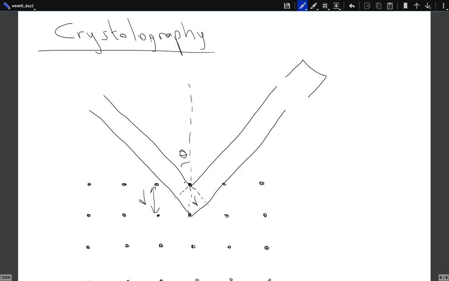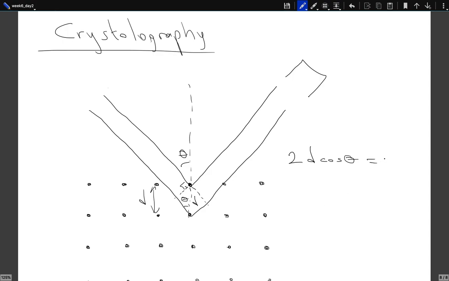So this length is d. This is 90 degrees. So this angle over here is also theta. This length is just d times cosine theta. And the path difference is twice d times cosine theta, because this is d times cosine theta, that is d times cosine theta. So the total path difference is 2 times d times cosine theta.